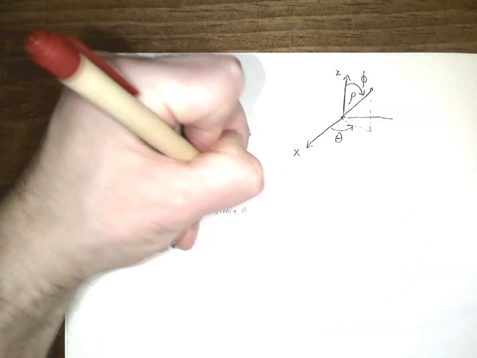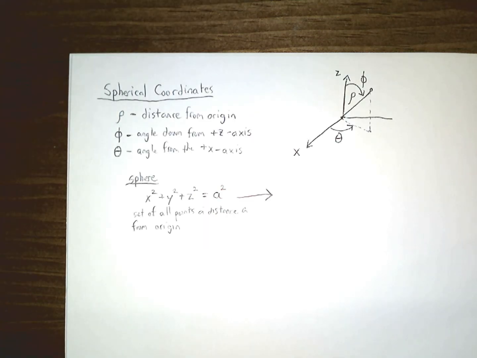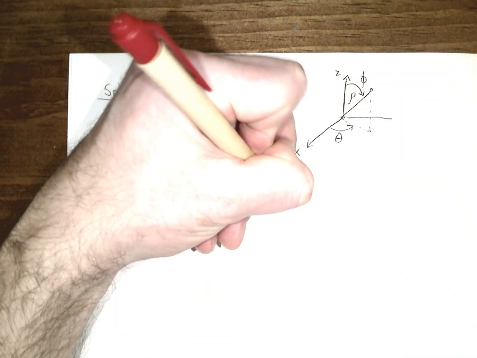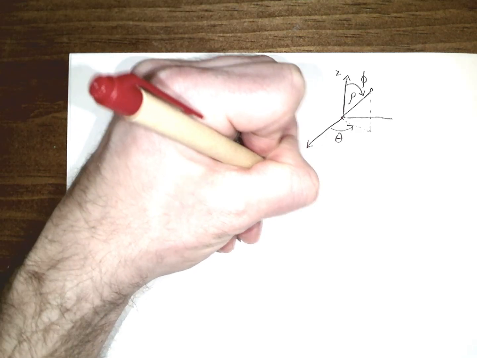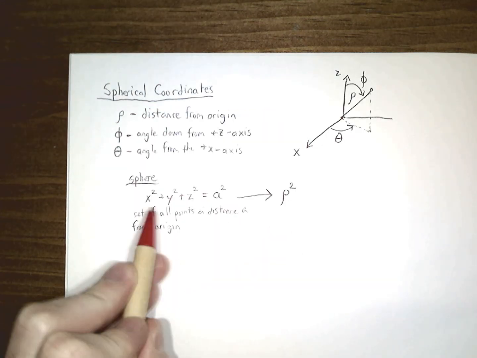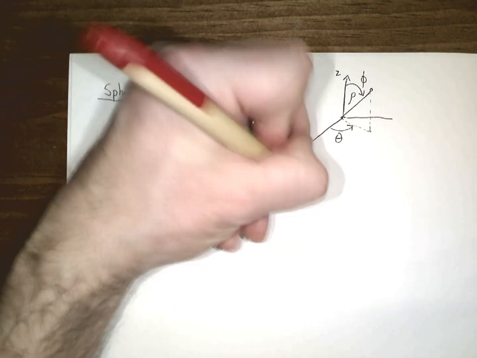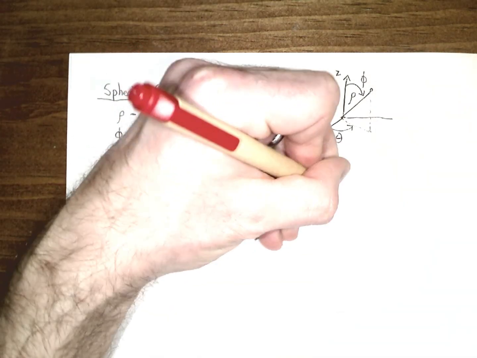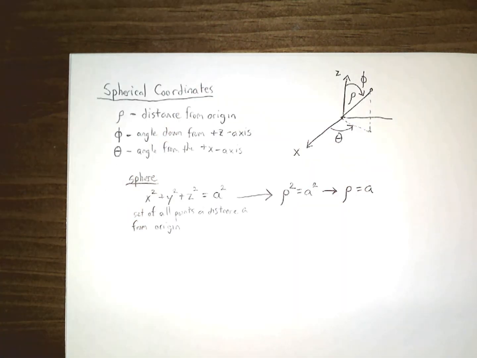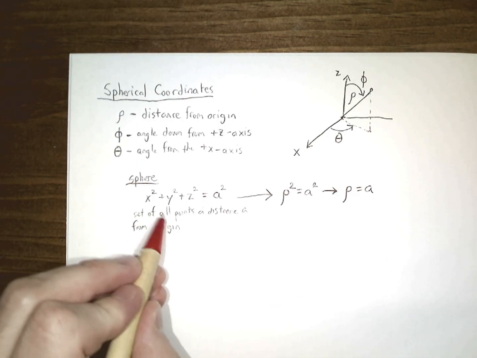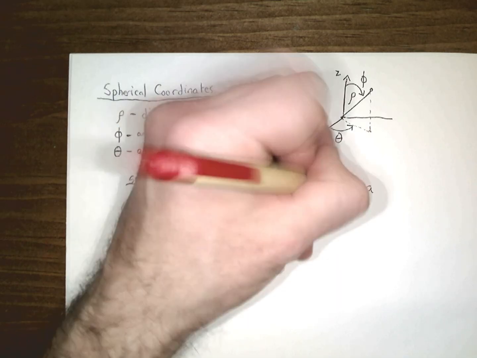So that means if we want to write this in spherical coordinates, rho squared is just x² plus y² plus z² equals a², which allows us to take the root of both sides, and rho equals a also describes the sphere. It is much cleaner in this spherical coordinate system than in the Cartesian frame.